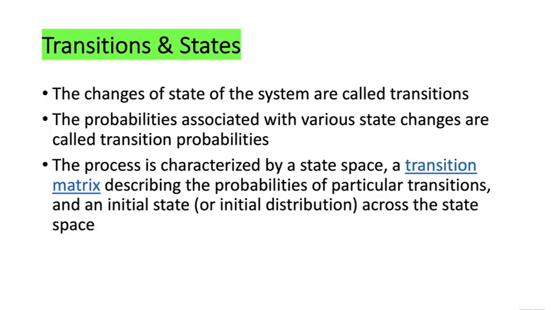The probabilities associated with the various state changes are called transition probabilities. So the process is characterized by a state space, a transition matrix describing the probability of particular transitions, and an initial state or initial distribution across the state space.